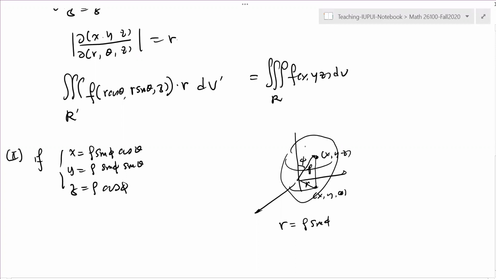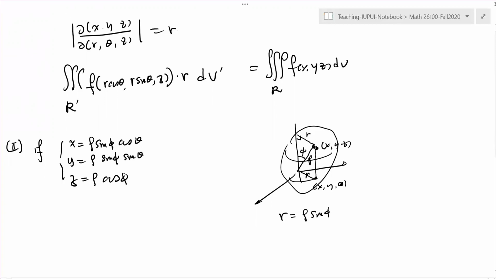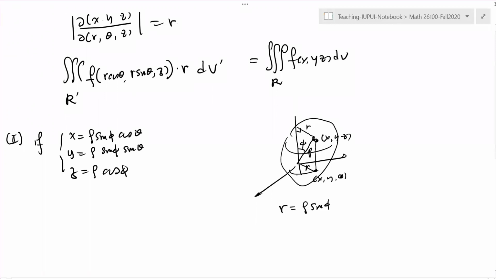Why? Because this is a right triangle, so sine phi gives the length of this side. This is R. And once you have R, you have an angle here, theta. So x equals R cosine theta, y equals R sine theta.